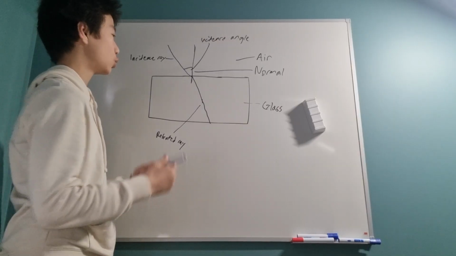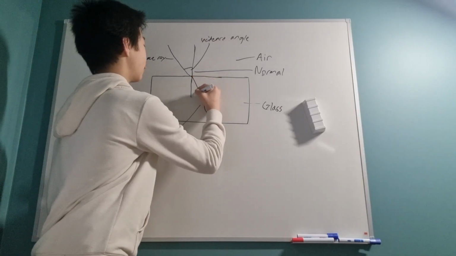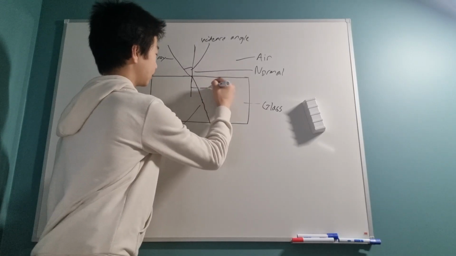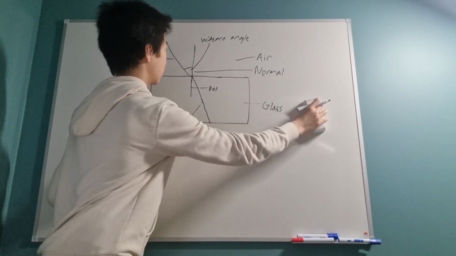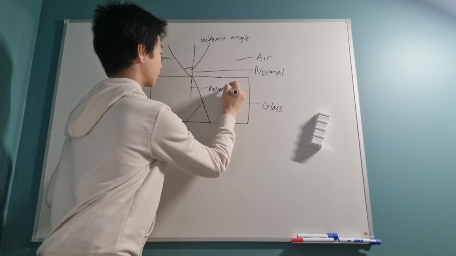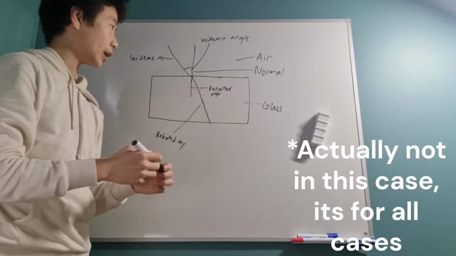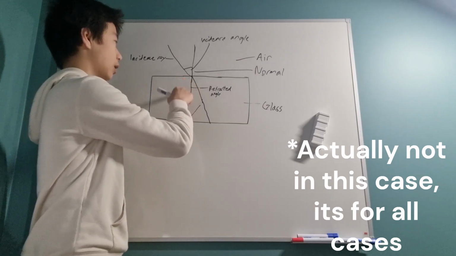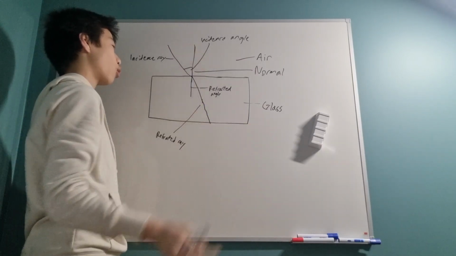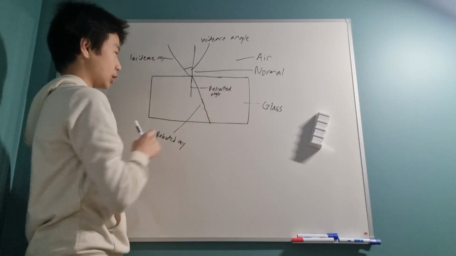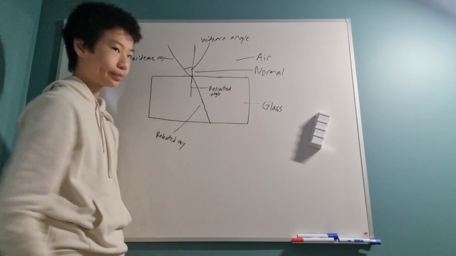Now let's continue to the refracted angle. Over here, the refracted angle in this case is the angle formed by the refracted ray, which is mentioned too, and the normal.